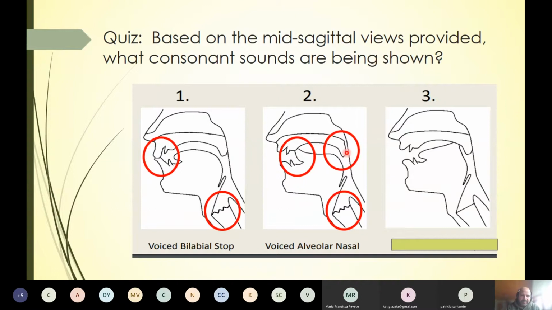If you compare this section in the diagram with this one and that one, you see that in the first and in the third one, the passage is blocked, right? The airstream cannot go through the nasal cavity in number one and number three. But in number two, this is a bit open. There is a narrow passage, so the airstream can escape through the nasal cavity as well as through the mouth, as long as there's an opening here, right?